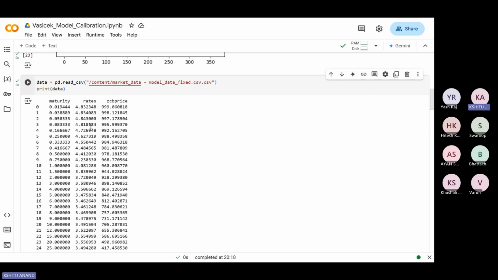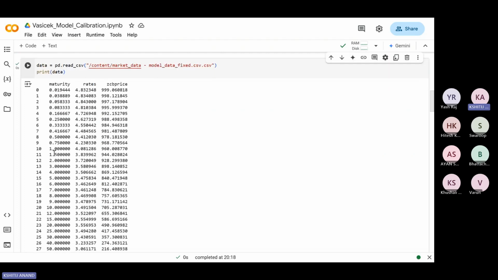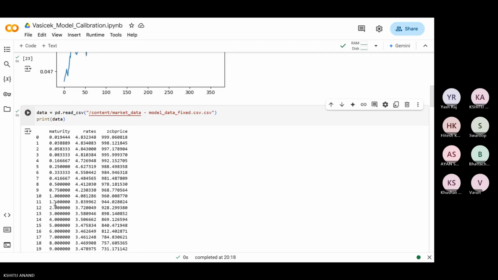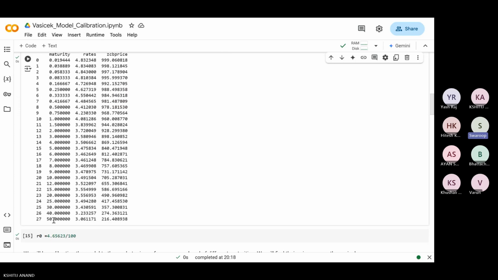So whenever you use the rates, just divide by 100, so that it is in decimal form. These are the maturities. I think this is around 1 day or 7 days, I guess. For example, this is 1 year, 1.5 years, 2 years. So all these maturities are in years. Any doubt? The last maturity is 50 years.